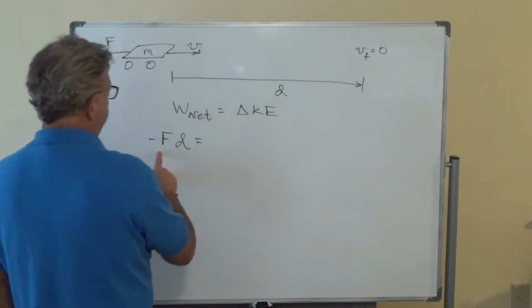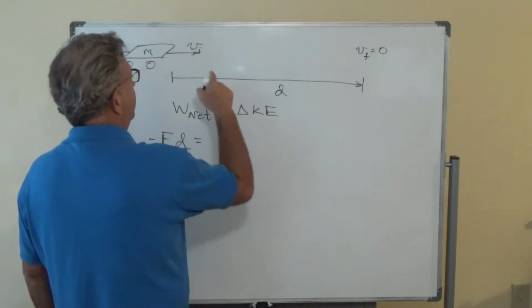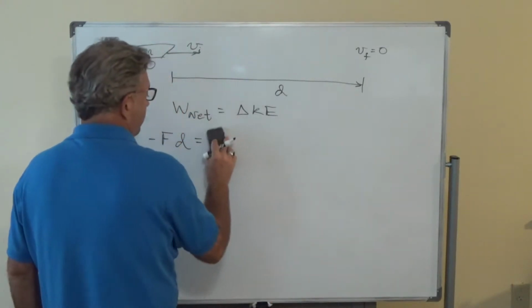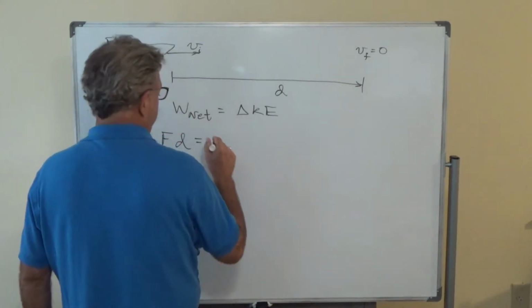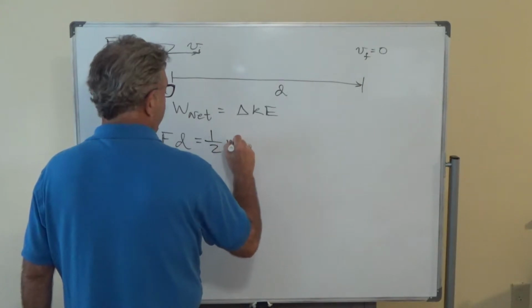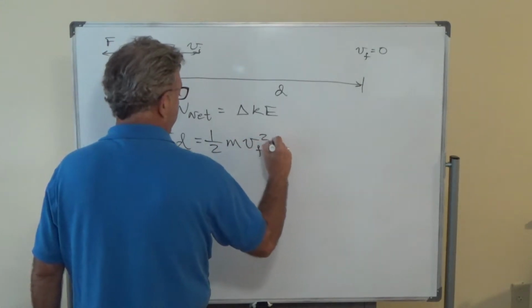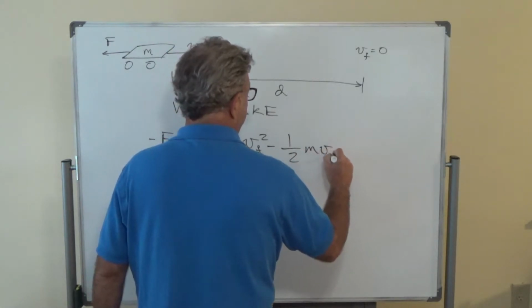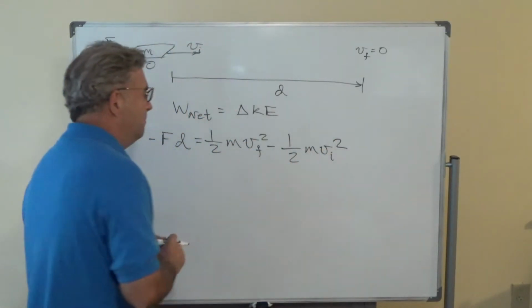So negative Fd is equal to 1/2 m v final squared minus 1/2 m v initial squared.